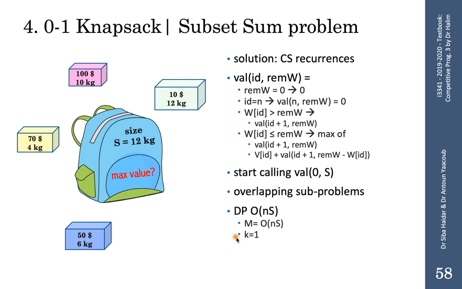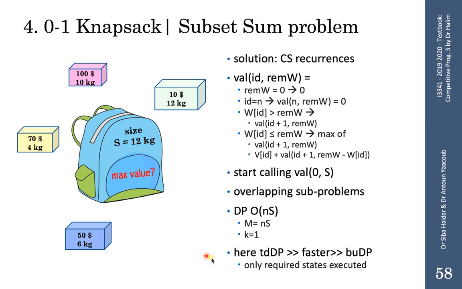So the overall complexity is also n times s, and if this is less or near 1 million operations, this can be doable using dynamic programming. We'll see both approaches, top-down and bottom-up, and in this particular kind of problem, the top-down is faster.